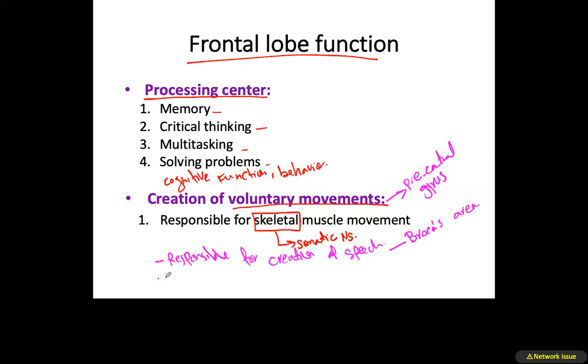The other thing that you have is what we consider muscle memory. So muscle memory is also associated with the frontal lobe, which basically means if you're repeating the same job over and over again, and you really don't need to think about this, that's muscle memory. And lastly, what we identify as eye movement. So eye movement is also part of the frontal lobe function.